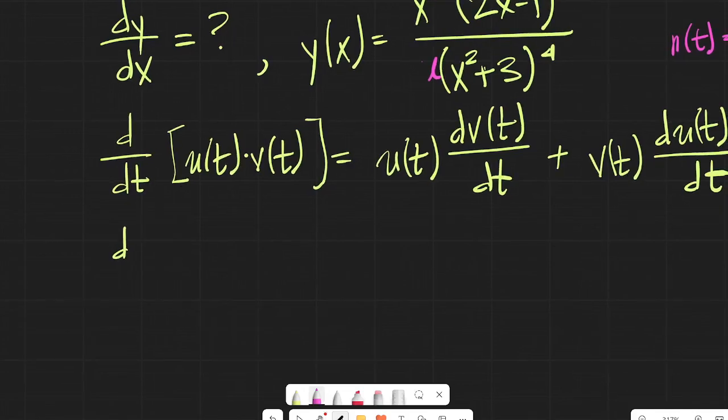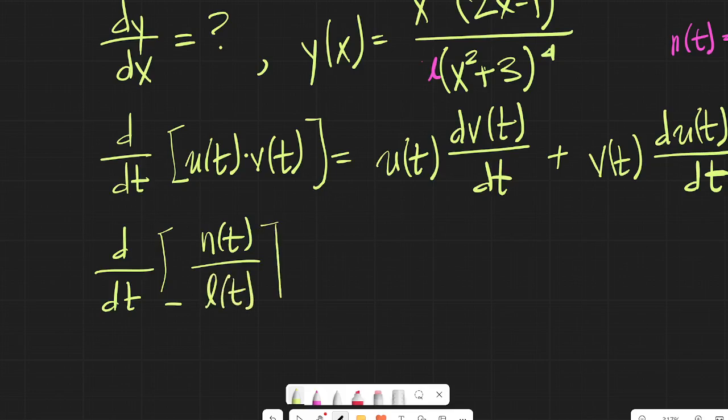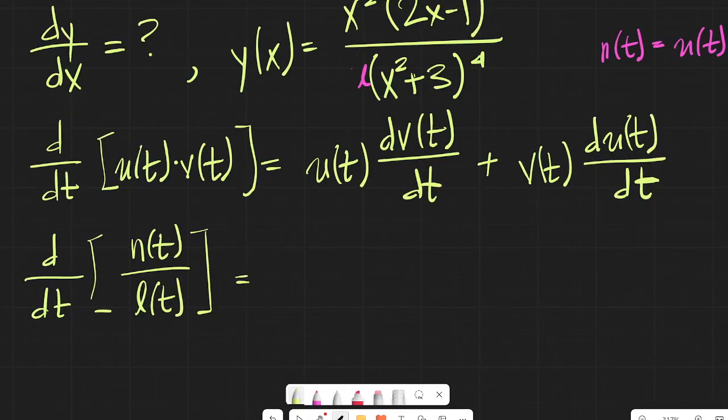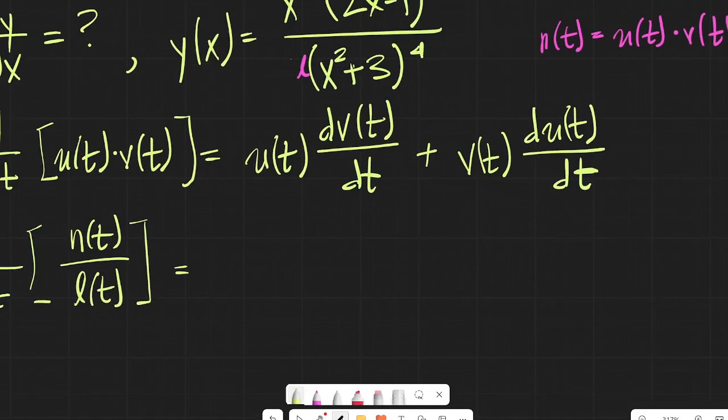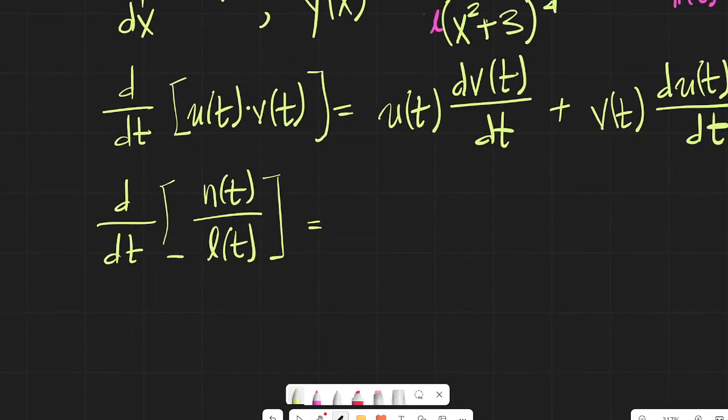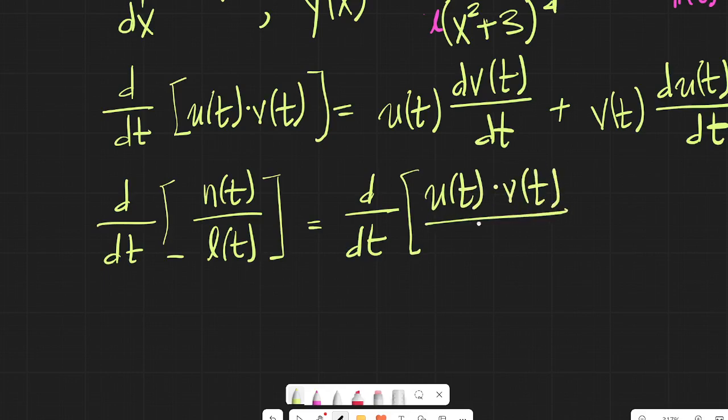And that'll allow us to actually just write this quotient rule, just replacing the n with what I have let it equal.